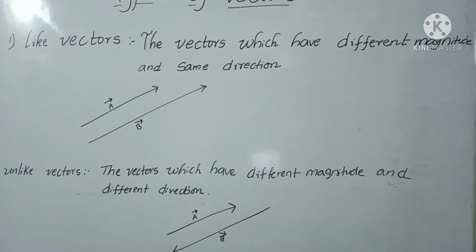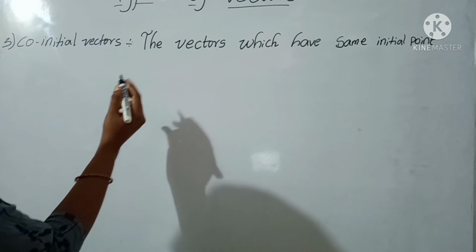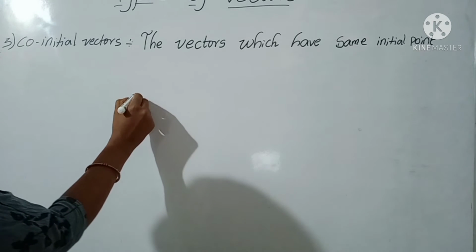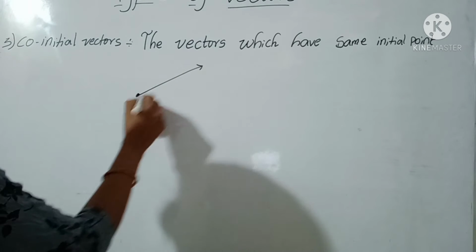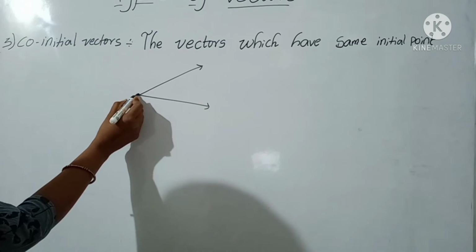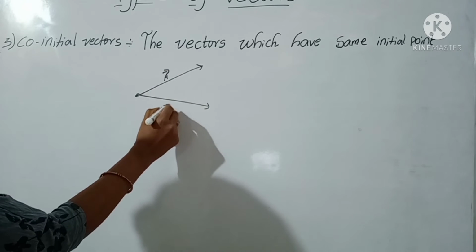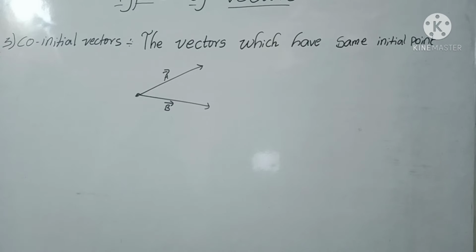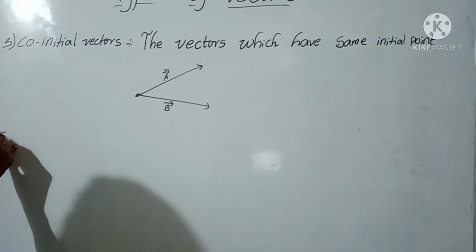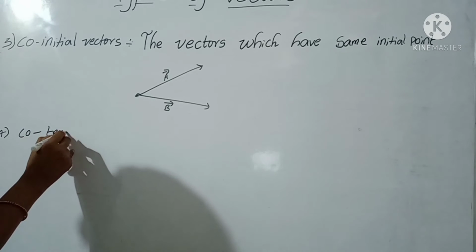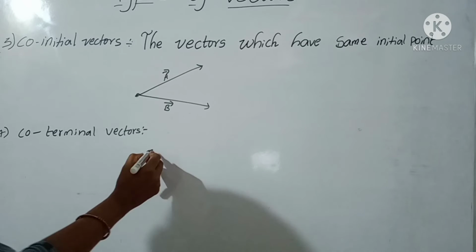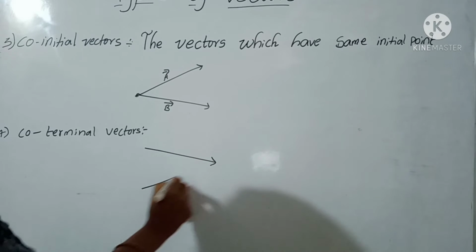Now coming to the third one, co-initial vectors. If you take two or three vectors which have the same initial point, like this, this is the initial point, both vectors having the same initial point, we can call them co-initial vectors. Next, the fourth one is co-terminal vectors. These are vectors which have the same terminal point.